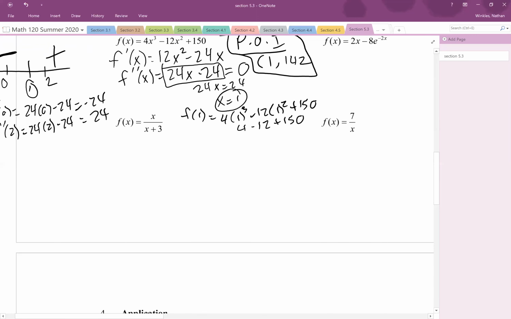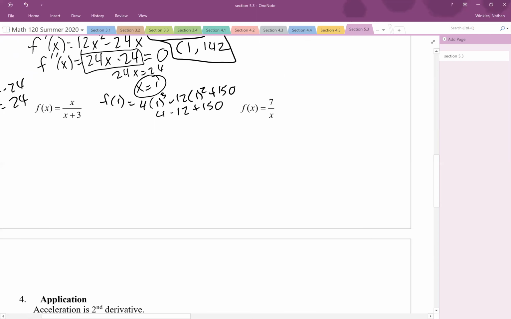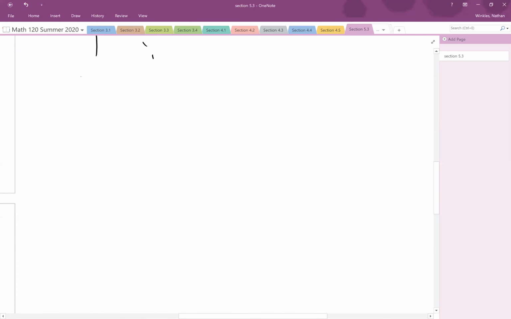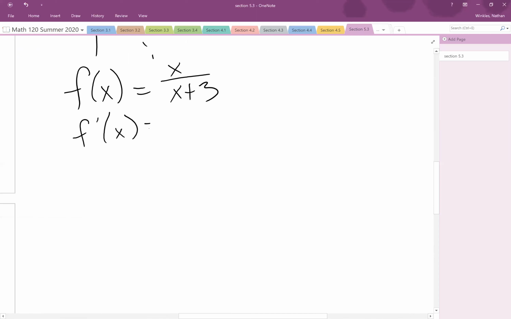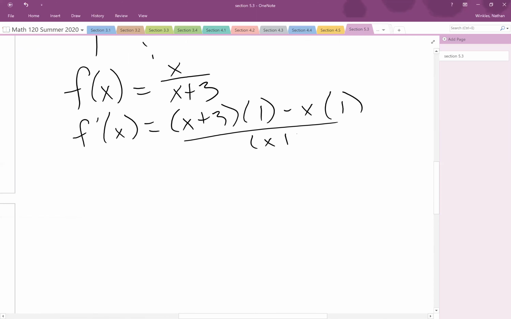So, using this same one over here, x over x plus 3, I'm going to jump over here. F of x equals x over x plus 3. So that means f prime of x is low d high minus high d low over the bottom squared.